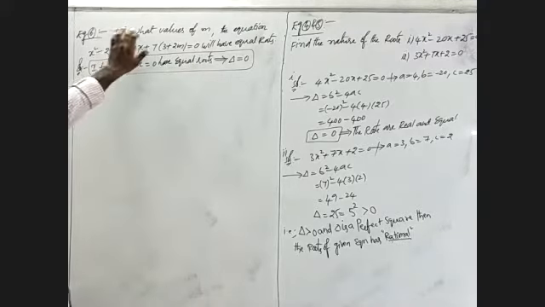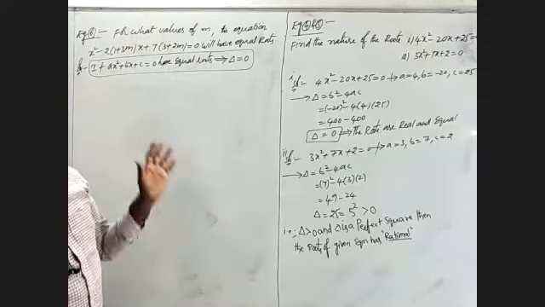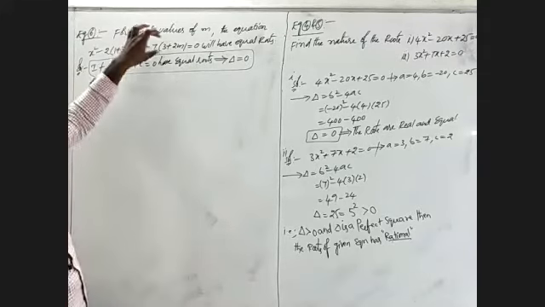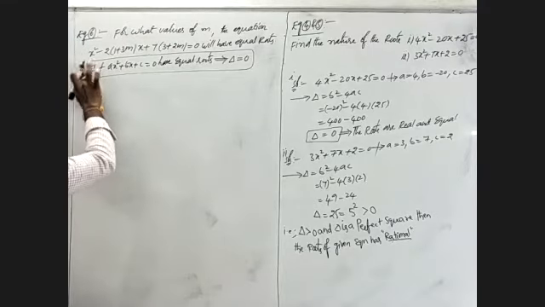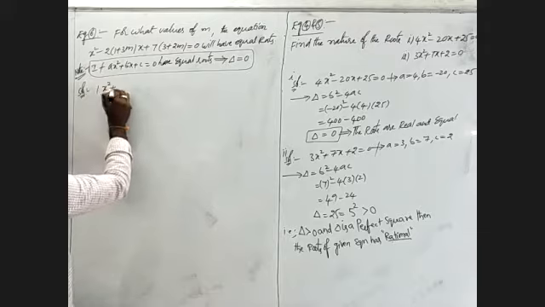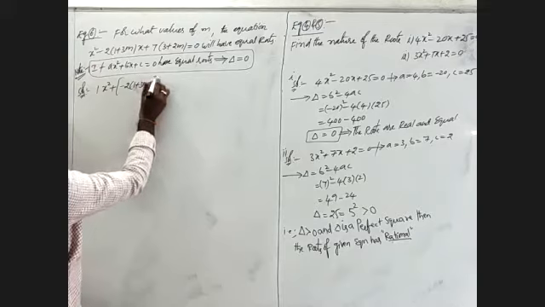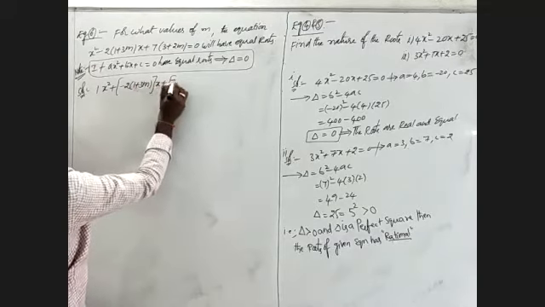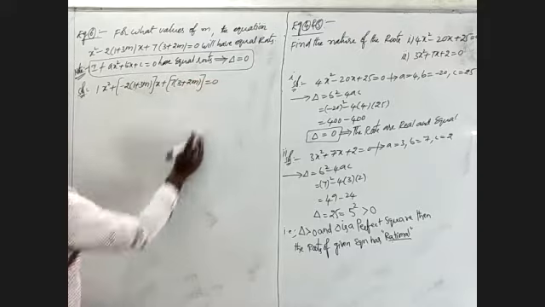Here, for what values of m will the equation have equal roots? Given equation has equal roots means delta is equal to 0. First, we'll write the equation: 1 into x square plus of minus 2 into (1 plus 3m) into x, after that 7 into (3 plus 2m) is equal to 0.